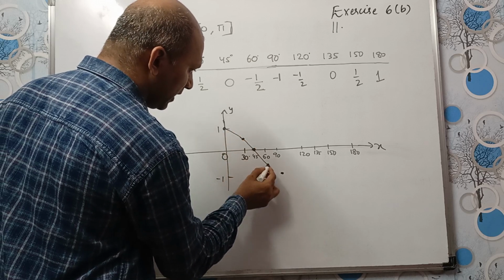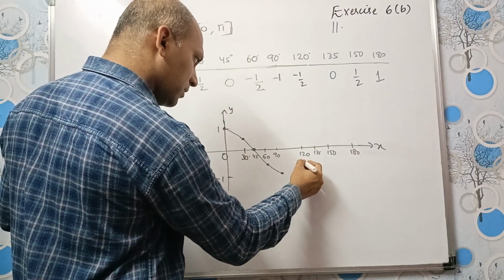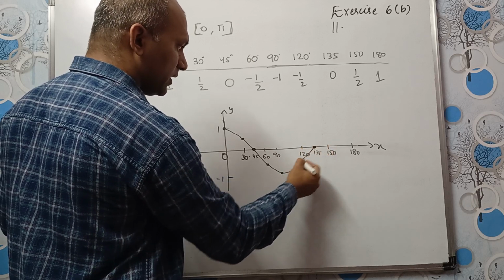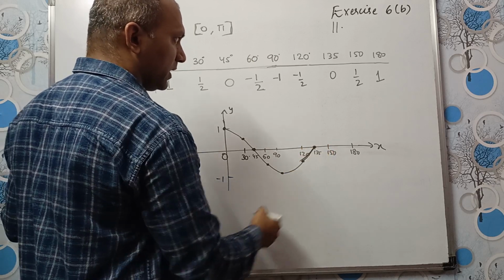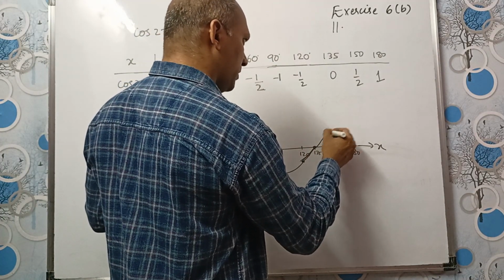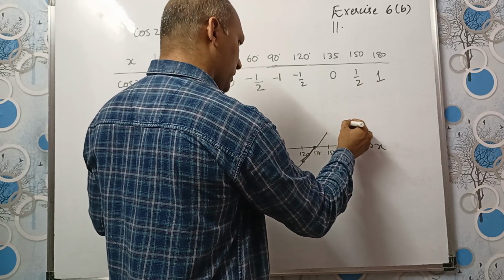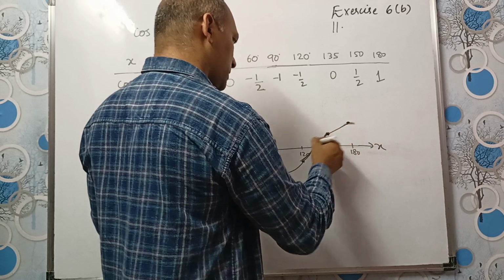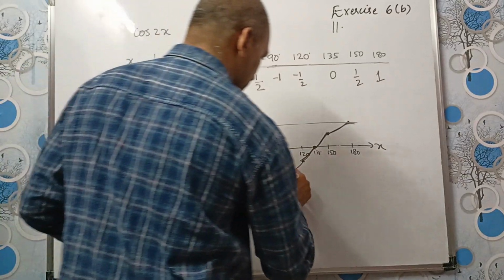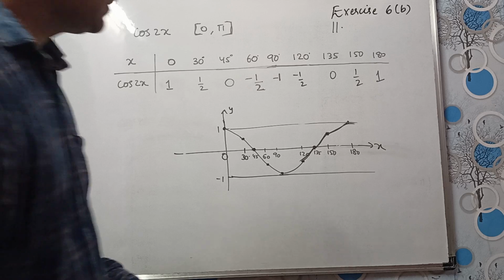So if you draw the graph, it will be like this. 120 is -1 by 2, 135 is 0 again, 150 is 1 by 2, 180 is 1. Maximum it is 1. This is the graph of cos 2x. I hope this is clear.